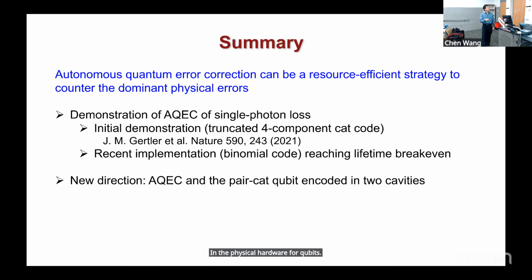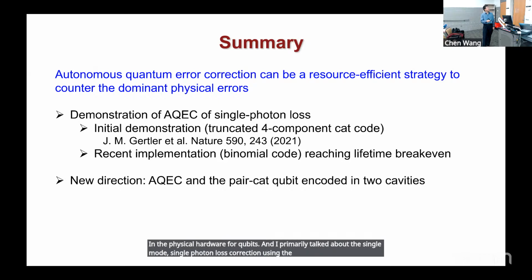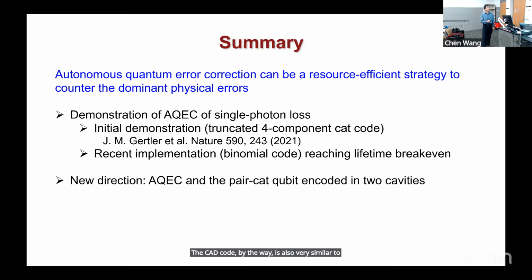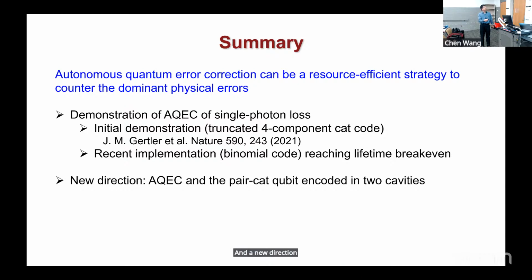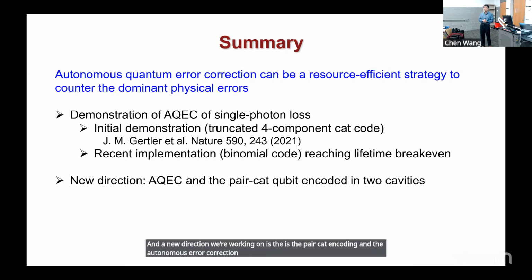I've primarily talked about single mode single photon loss correction using the cat code. The cat code, by the way, is also very similar to the binomial code. To me, they are a rotationally symmetric family of codes, very much of the same origin. And a new direction we're working on is the pair cat encoding and autonomous error correction with the fluxonium ancilla.